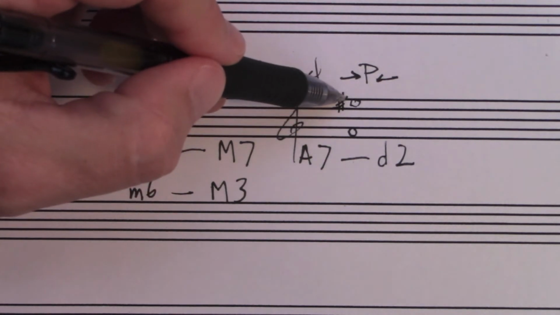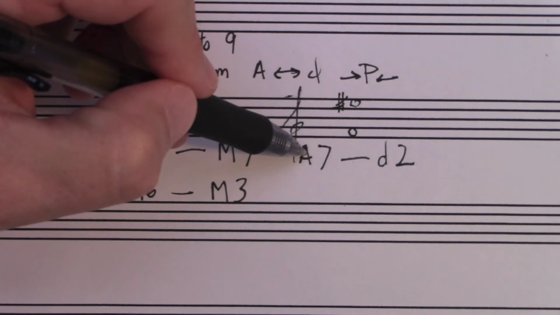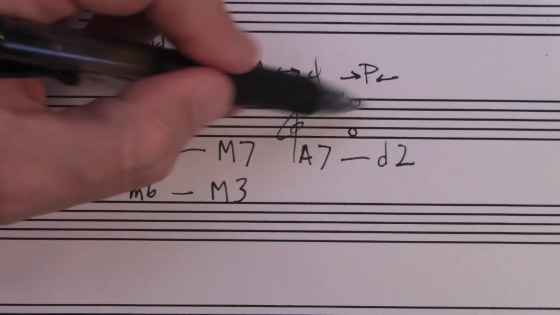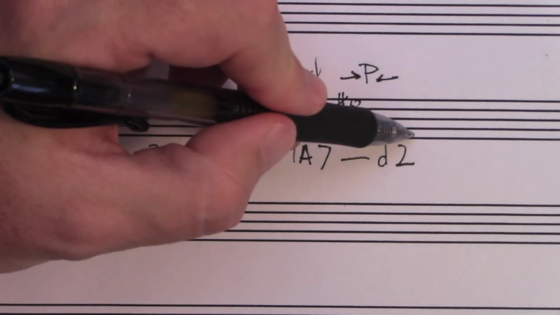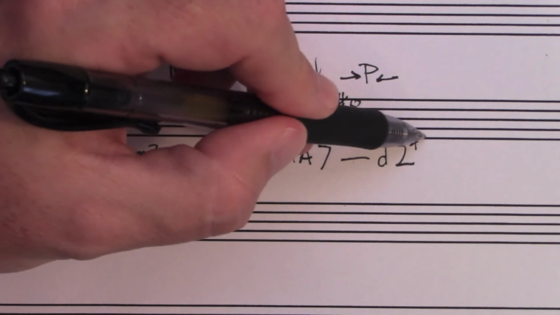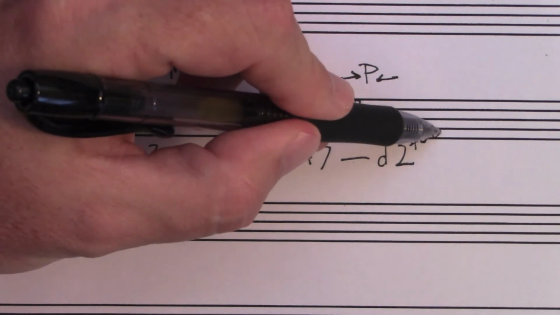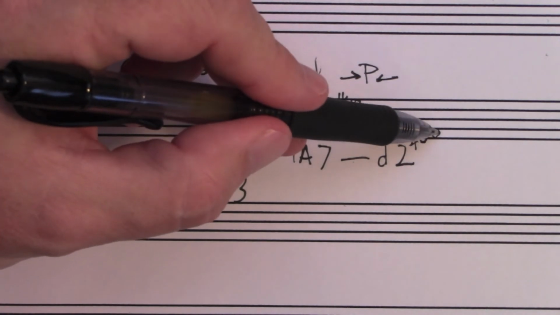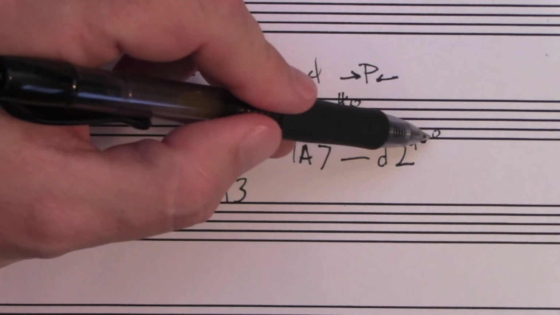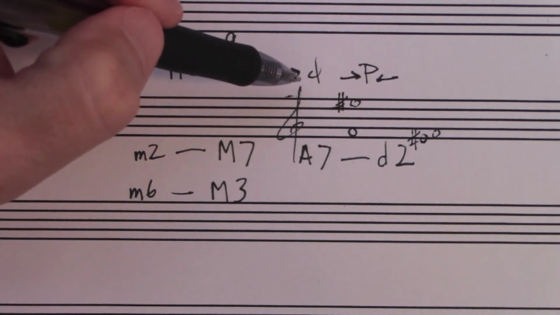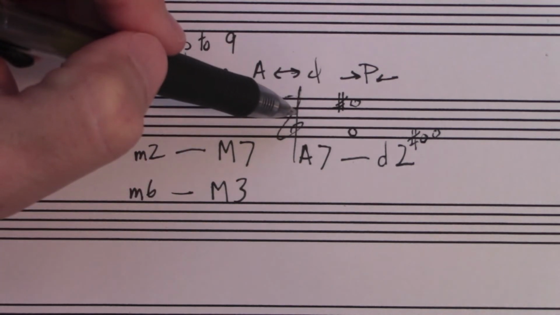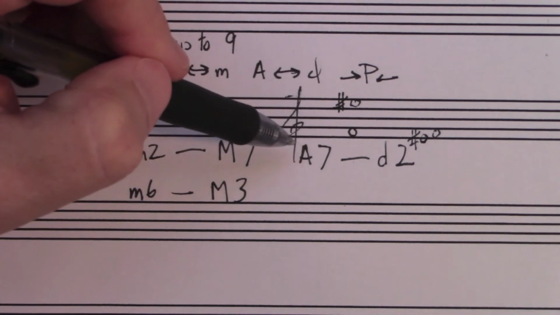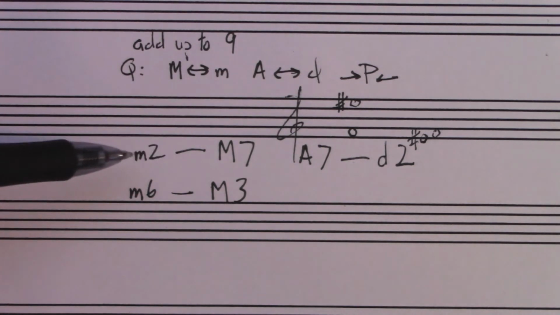F up to E sharp is an augmented seventh. So now, swap the order. E sharp, and I'm going to put it over here, up to F. Look at that, that's a minor second, but we raise the bottom note to make it a diminished second. Hey, it works. It's true.